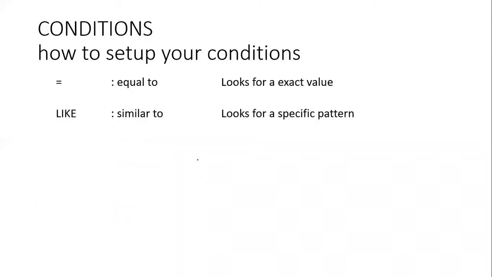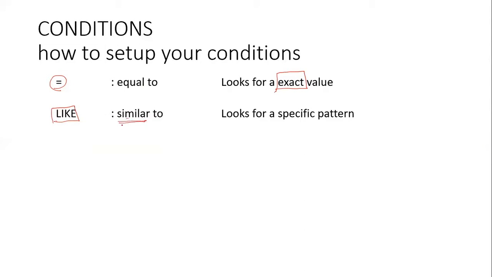Another operator that's worth looking at is the like operator. We know that when we use the equal to, we are looking for an exact match. That's how the equal to operator works. But sometimes we may not want an exact match. We want something that is similar.